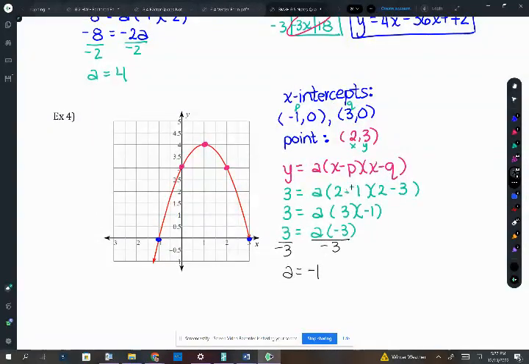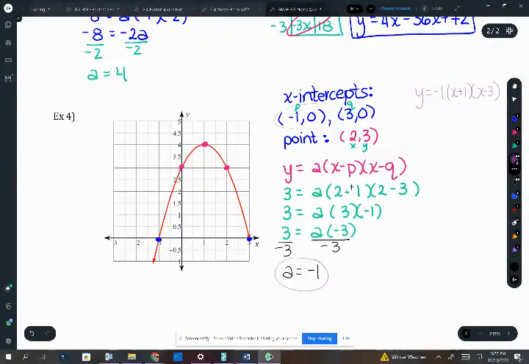And so as we fit that in, we'll just write it as y is equal to -1 times (x plus 1) and (x minus 3). And that's me just taking this a value and these 2 points and plugging it in.